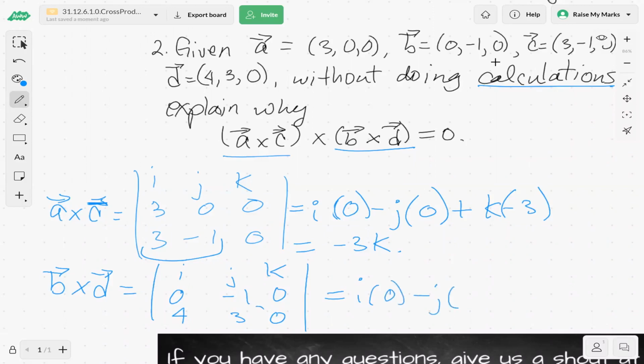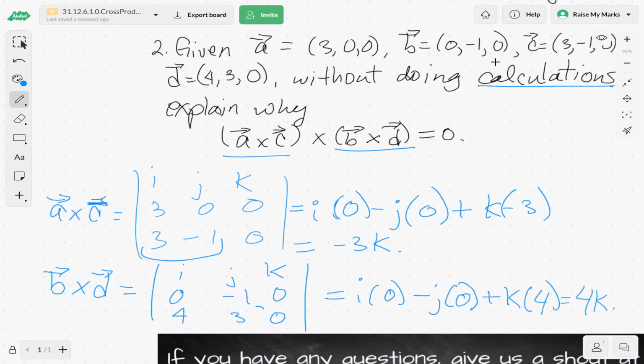Coefficient of j, let's see, 0 minus negative 4, which is plus 4, plus k times the coefficient of k, oh, hang on, I think I made a mistake there. Math is full of mistakes, but if you can catch your mistakes, it's okay. So the coefficient of j is actually 0, plus the coefficient of k is 0 minus negative 4, which is 4.